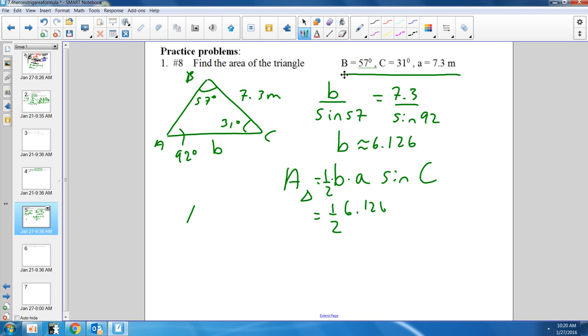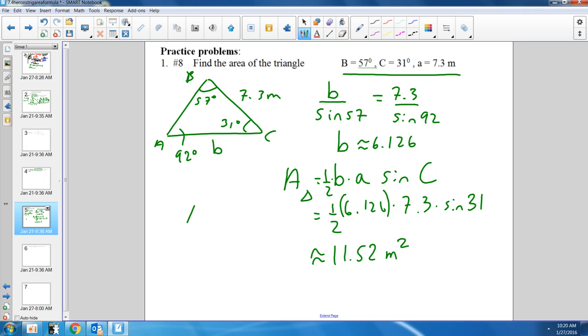I have that number in my calculator. Times my A, 7.3. Times the sine of angle C, which is 31. So I'm going to start with what's in my calculator and just put times 0.5 times 7.3 times the sine of 31. And end up with the area is equal to 11.52 meters squared.